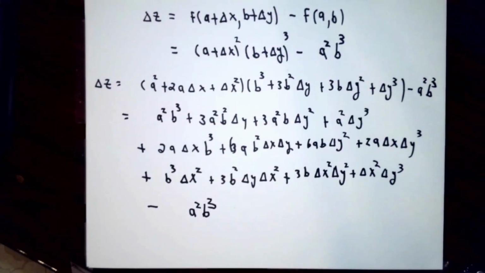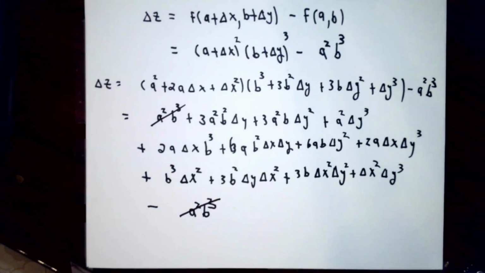Usually when we do something like this in Calc 1, lots of things cancel out, and it's good news. The good news here is extremely limited. The a squared times b cubed terms cancel out, but nothing else does. It's worth noting, though, that in what's left, you have constants, the 3's and the 6's and so on.